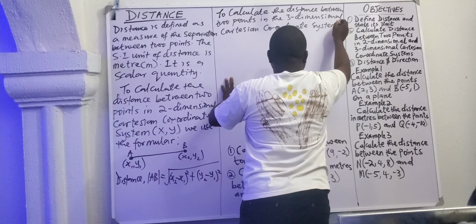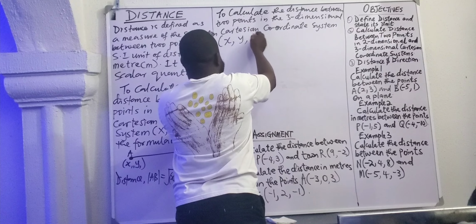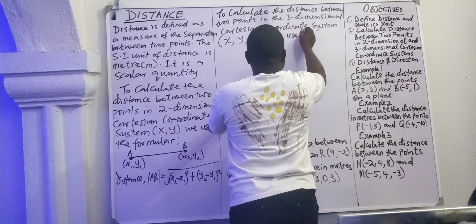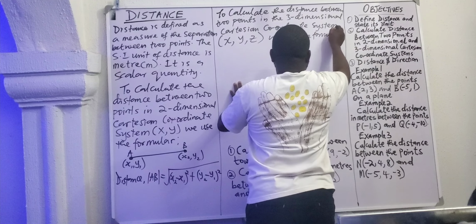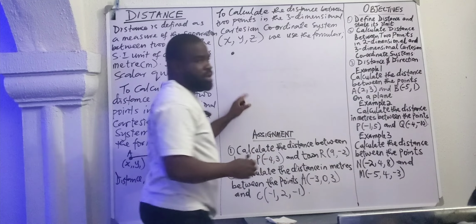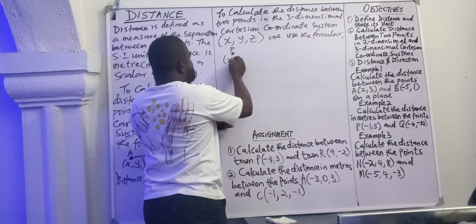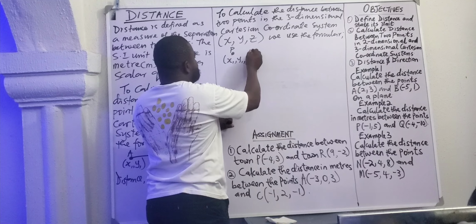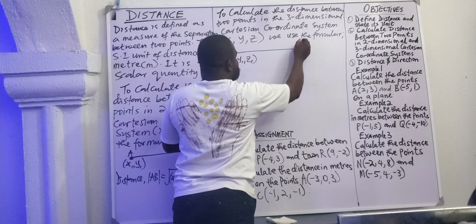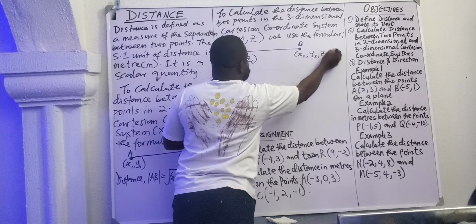The three-dimensional Cartesian system talks about the x, the y, and the z coordinate system. We use the formula that, let me call this point P, is given by x1, y1, z1, separated from another point Q, given by x2, y2, z2.